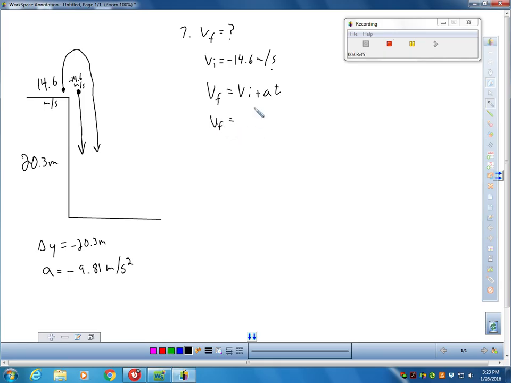VF equals, and VI is negative 14.6. Sorry about that. A is 9.81. All right, and there we go. So VF equals VI plus AT. And since that's a negative, I went ahead and put plus the negative and just went ahead and substituted it all at once. All right, and so at that point, then I'll swing that across and have a, let's see, whoop.